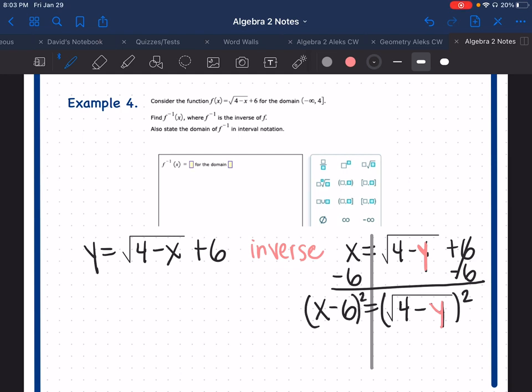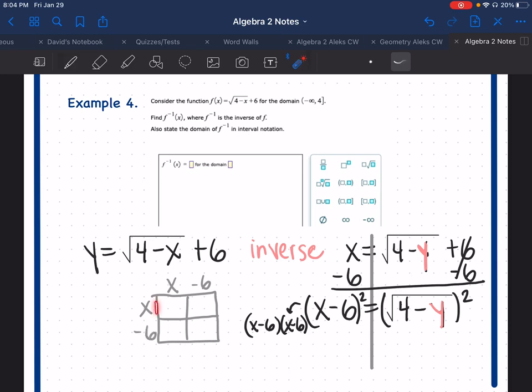Remember, on this side, when you square it, you're really doing x minus 6 times x minus 6. That's what this really means. So you're going to grab your little box that we talked about when we did complex numbers, and you're going to put x minus 6 at the top, and x minus 6 on the side.